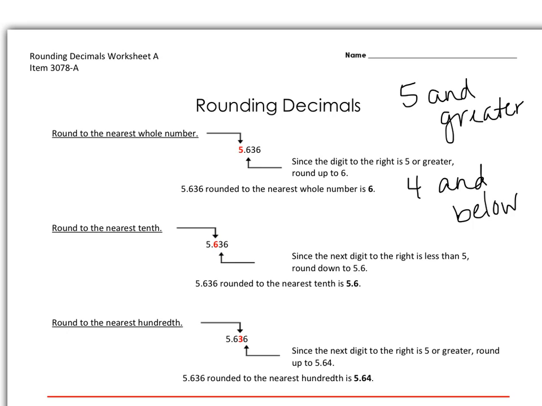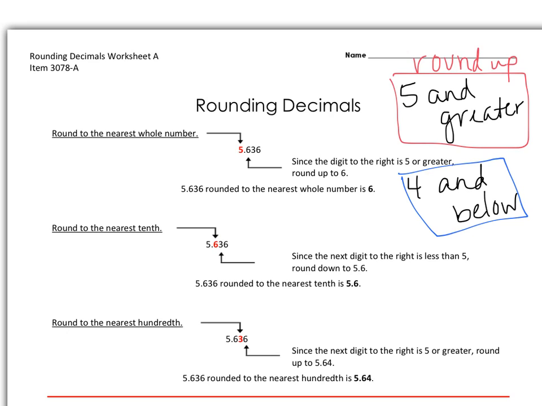You can look at numbers and tell that for different place values. Then we know if it is 5 and greater, we are going to round up. And if it is 4 and below, we are going to round down.